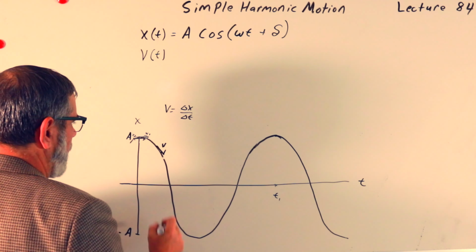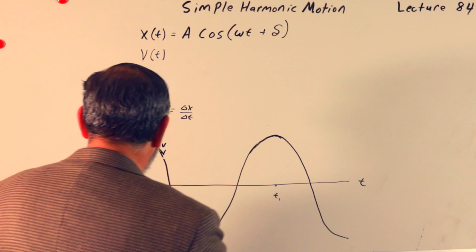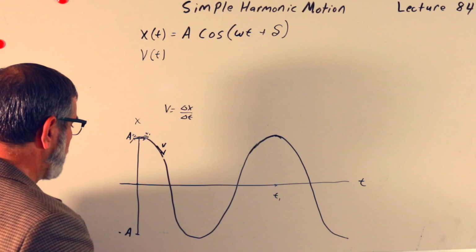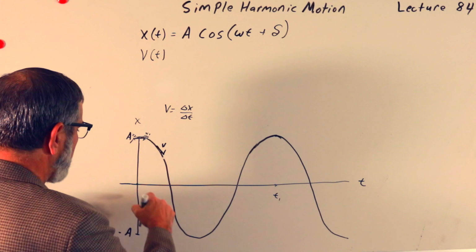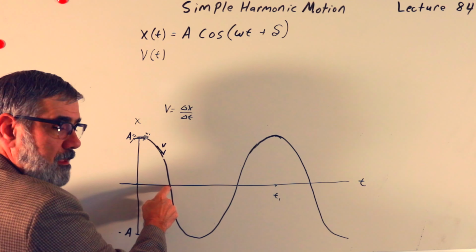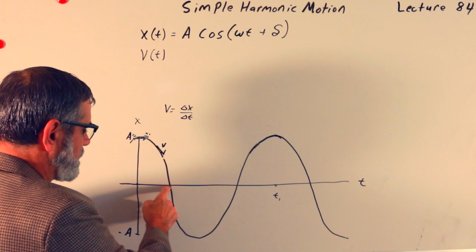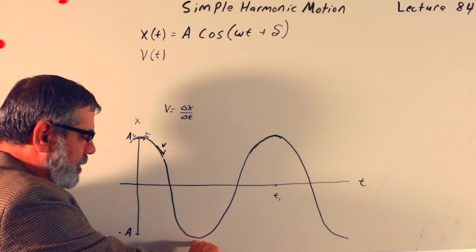If it's 0 here, let me see if I can superpose some graphs. It's 0 here for the velocity. The green will be the velocity, and black will be the position. At some point here, the velocity is maximized, because after this point it starts slowing down to turn around again. Here it's 0 again.